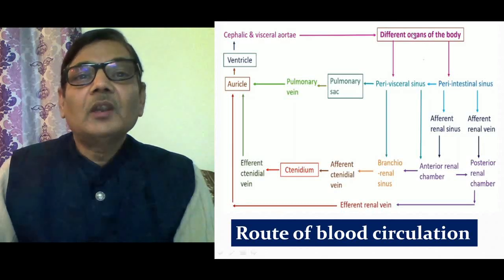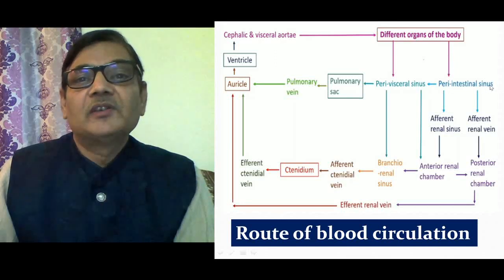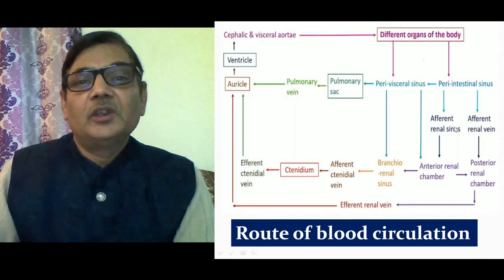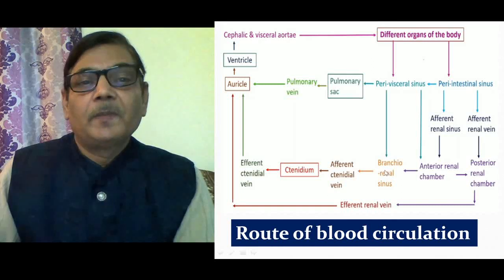Now, from different parts of the body, blood may also get collected in periintestinal sinus, which is located in the intestinal region. Now this periintestinal sinus can also supply its blood to perivisceral sinus, or it can send its blood into afferent renal sinus, meaning to the renal area, and from this afferent renal sinus blood will be going to the anterior renal chamber, then to branchiorenal sinus, and then to gill through afferent tenedial vein.